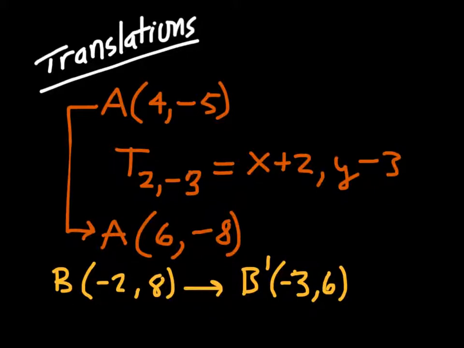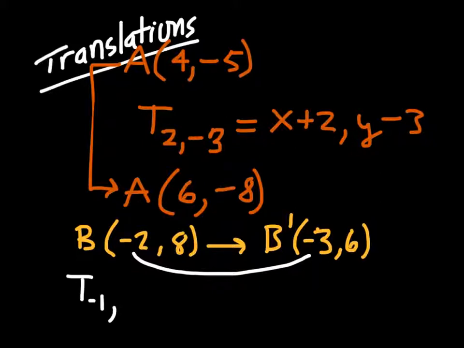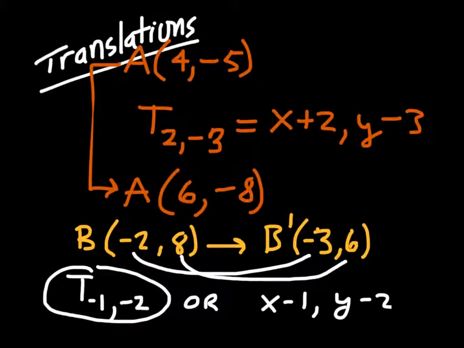In this particular case, with point B, what happened to the x, it got lowered by 1, so that it would be a translation of negative 1. And what happened to the y, it got smaller by 2. So that's one way to write the answer in terms of the rule, or you could write x minus 1, y minus 2.